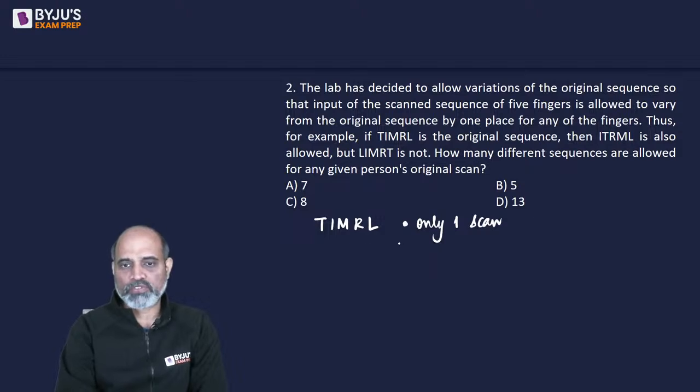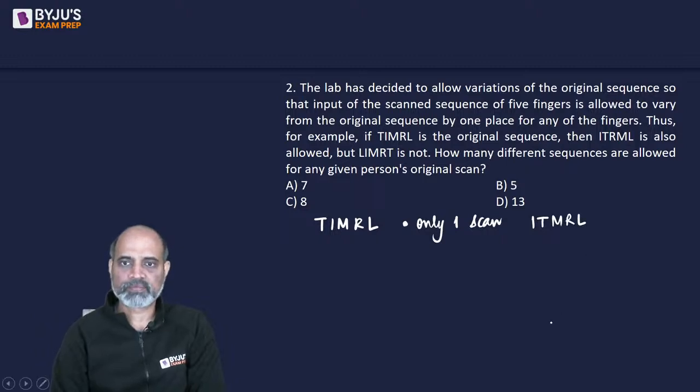So if I move I, I will have ITMRL. Right? So the input of the scanned sequence of 5 fingers is allowed to vary by one place for any of the fingers. So केवल एक I move करा.